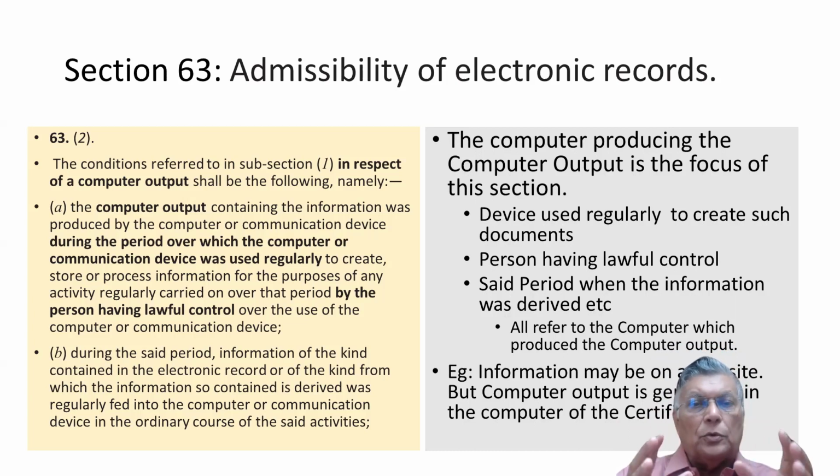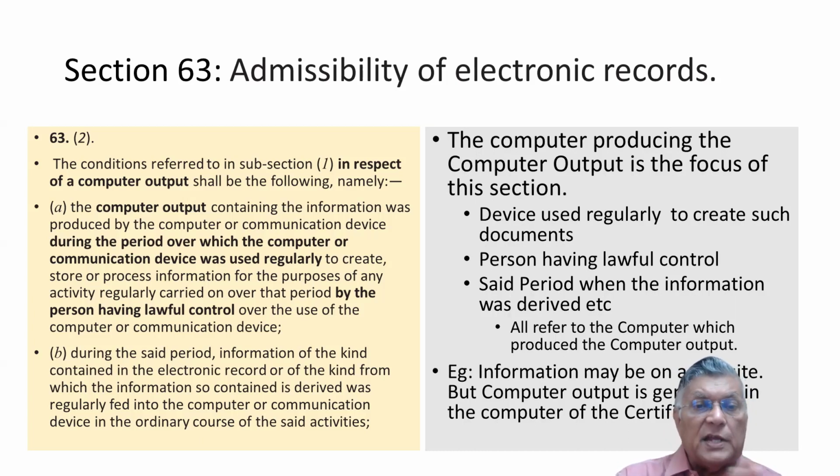This computer output has certain parameters, like the computer output containing the information was produced by the computer or communication device during the period over which the computer was used regularly. So there is something about whether this device which produced the computer output was being used regularly, and whether it was being operated by a person having lawful control. Those are the 2 points in subsection A.